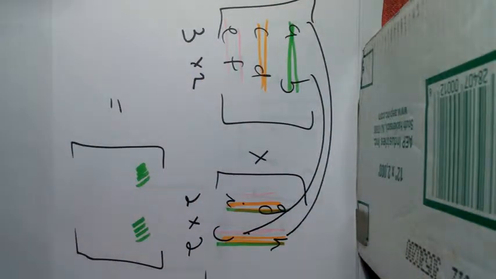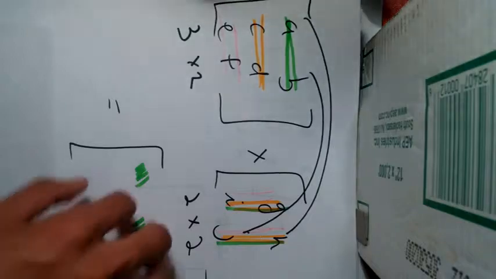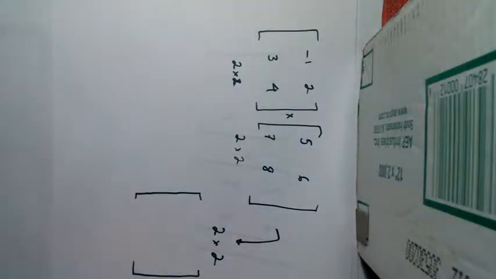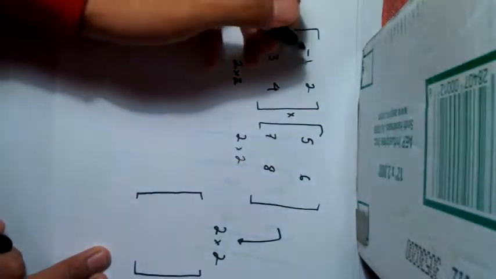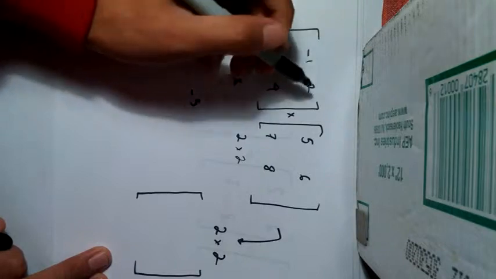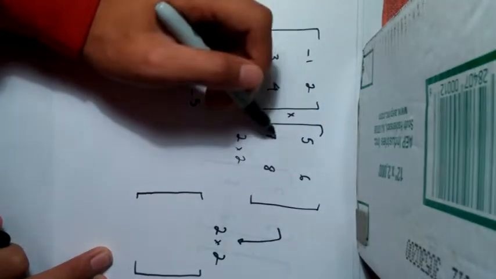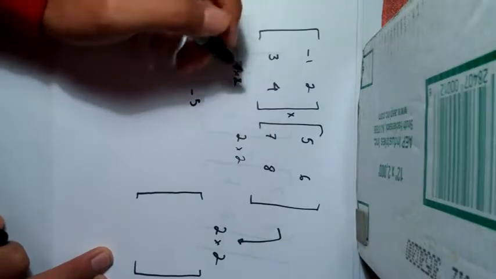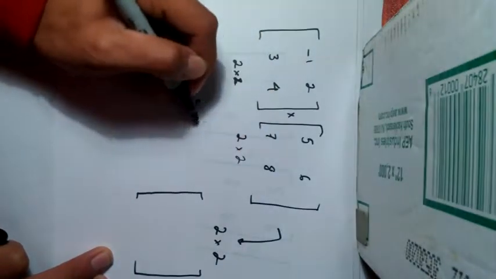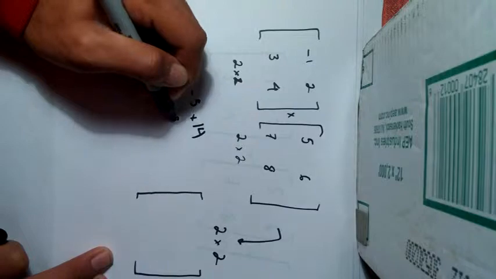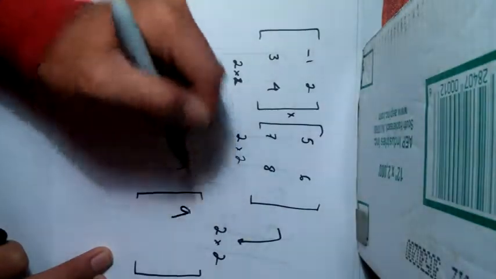Alright, so we can do an example of that. So we can multiply -1 times -5, which is 5, and then we can multiply -5 and 2 by 7 to get 14, and we have +9, and 9 would go here.